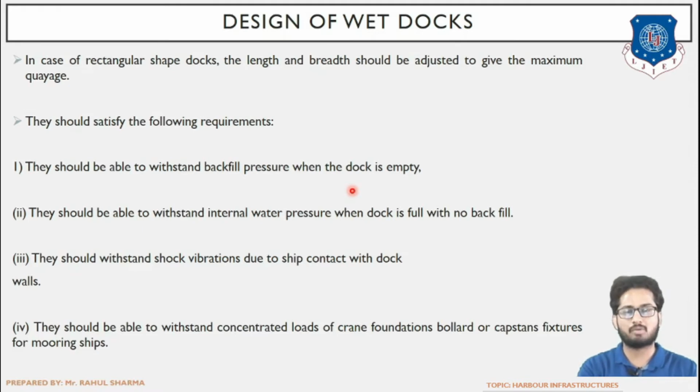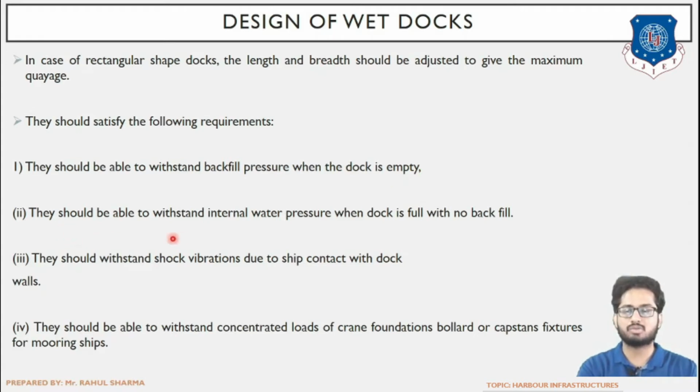So that much amount of pressure which is being applied by the soil on the wall should be capable to withstand that pressure. So basically repeating this point, beside the wall soil has been filled which is applying pressure, and inside there is no water to counteract that force. So this is a critical point.